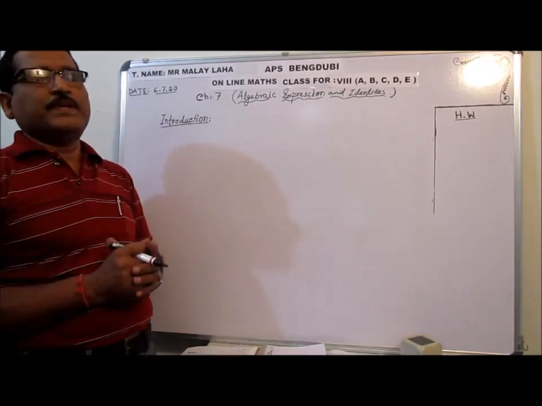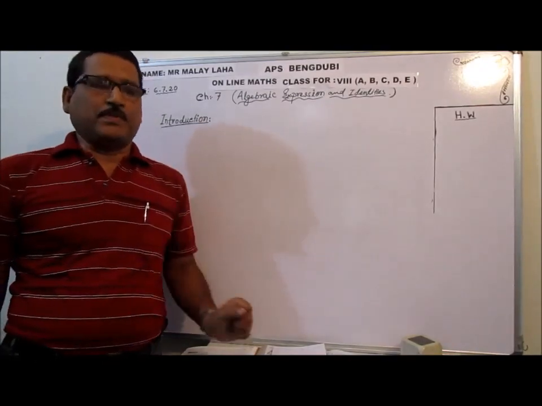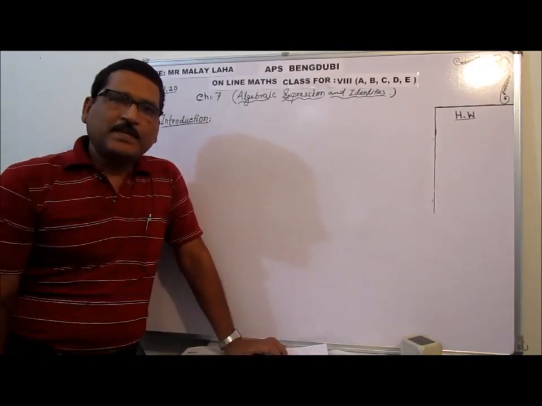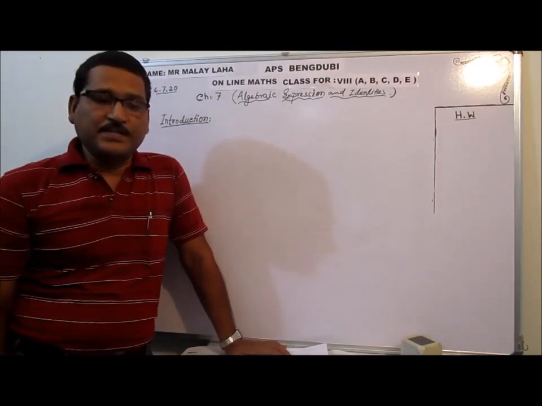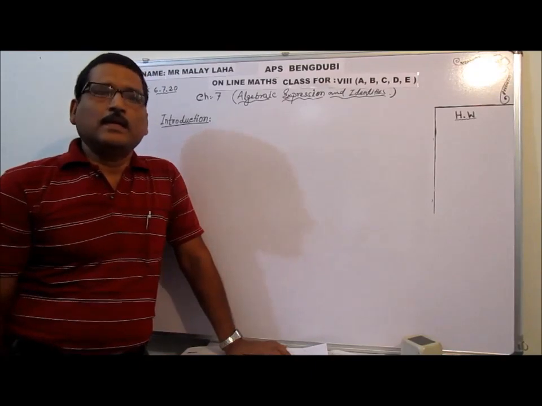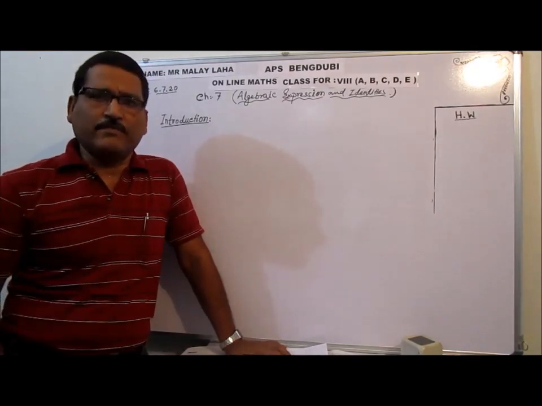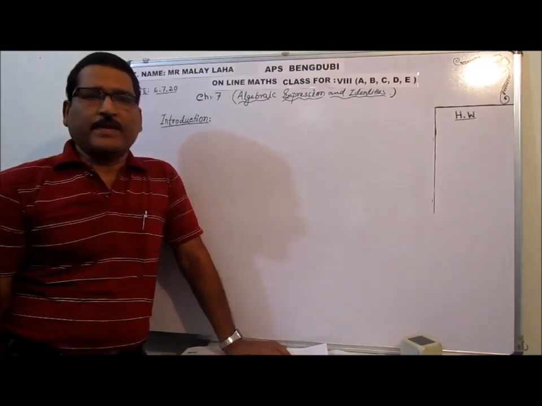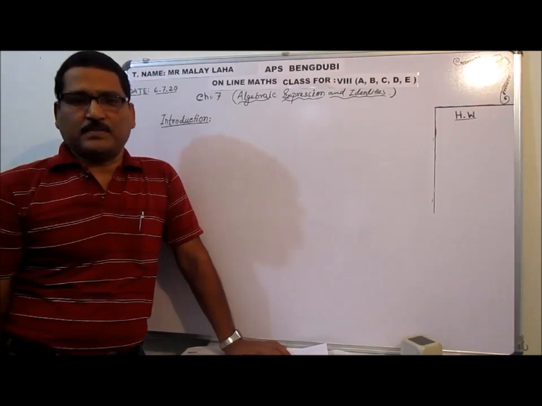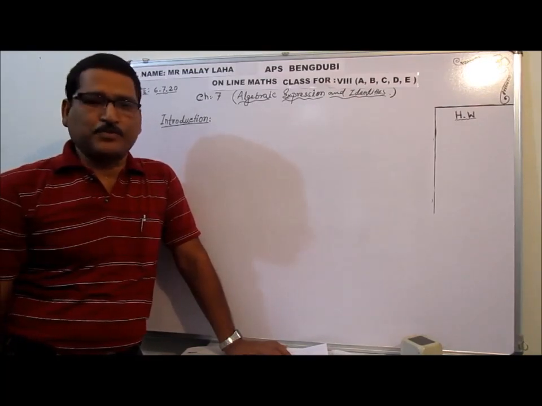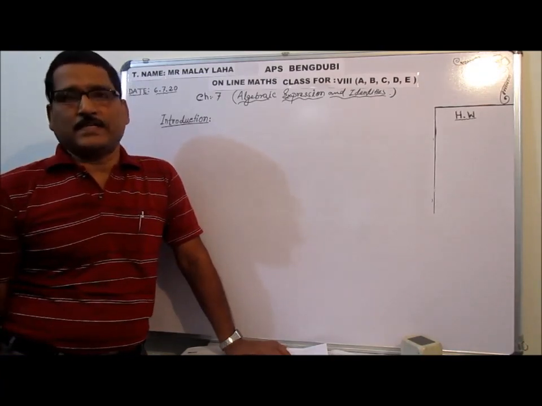Algebraic expression. What is an algebraic expression? When a statement is expressed with the help of literal factors, that is English alphabets, A, B, C, D, X, Y, Z, any English alphabet, and numerical factors, that is numbers, along with arithmetic operators, that is plus, minus, multiplication, division, that expression is called an algebraic expression.